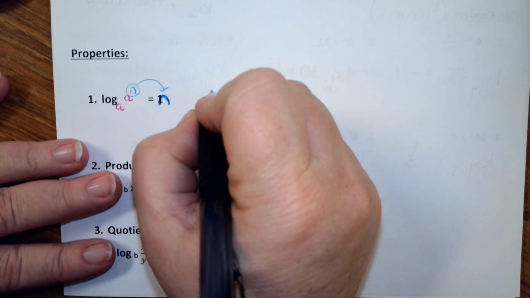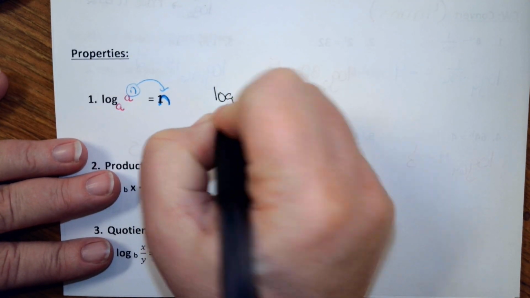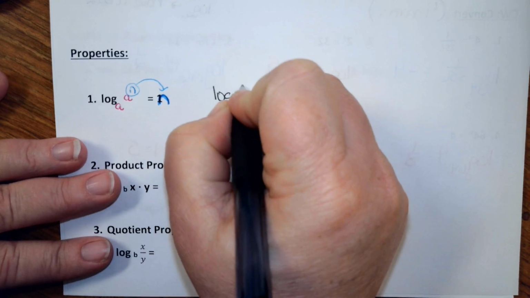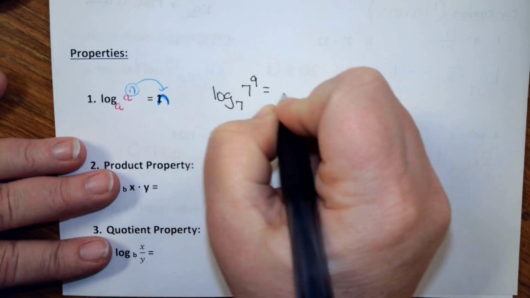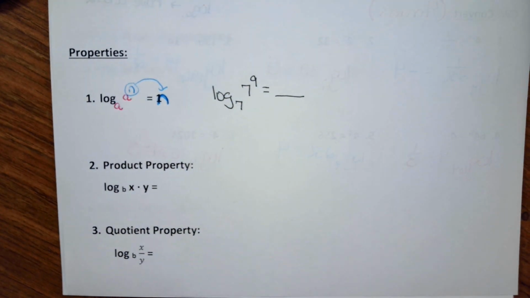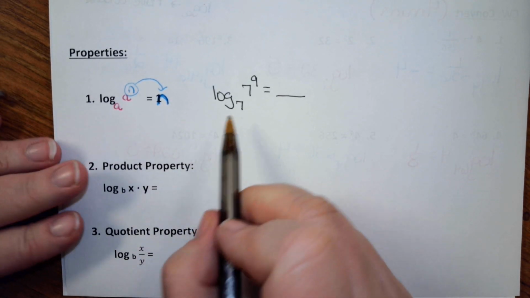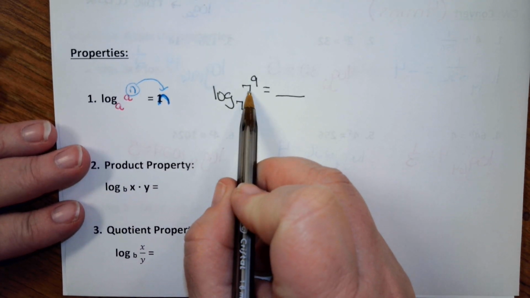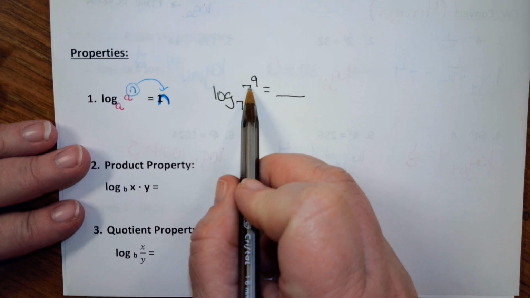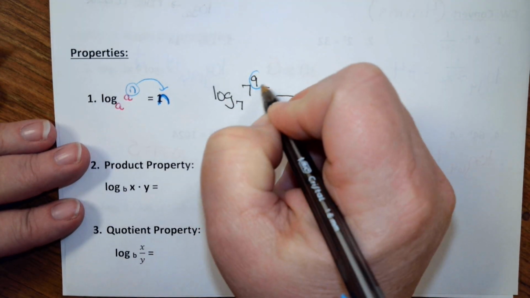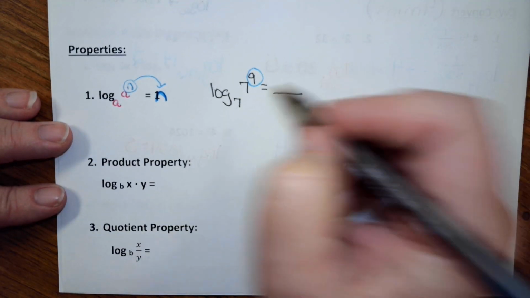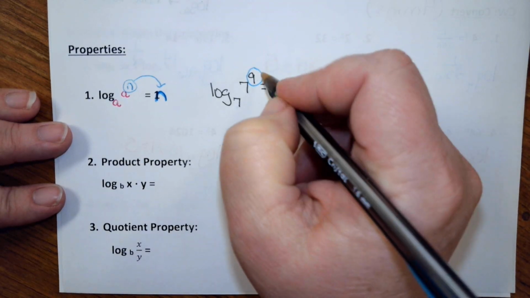So what does that mean? If we had the log base 7 of 7 to the 9th, we want to evaluate that without even having to use the calculator. See how your base and constant are the same? Whenever your base and constant are the same for a log, your answer is going to be equal to the exponent of your constant.